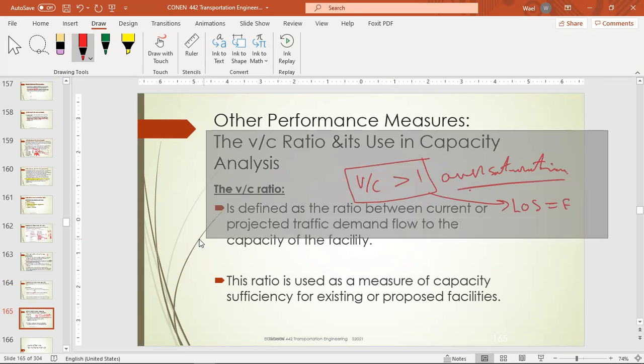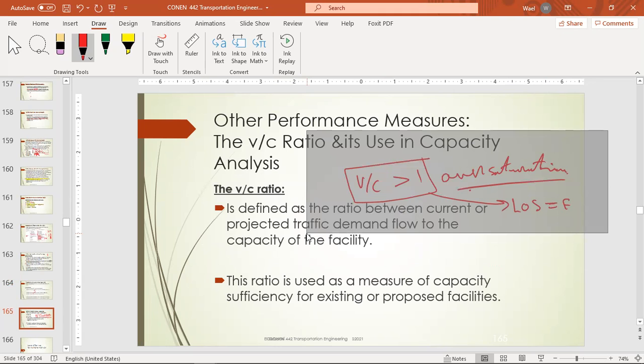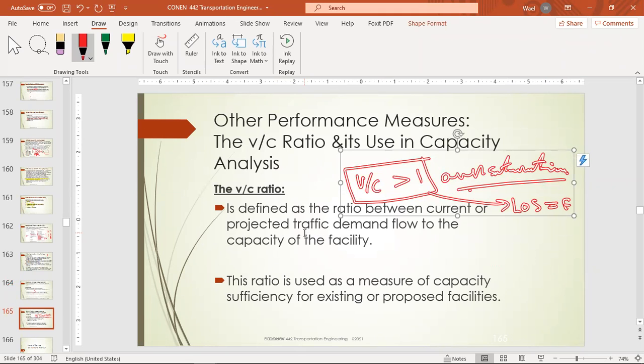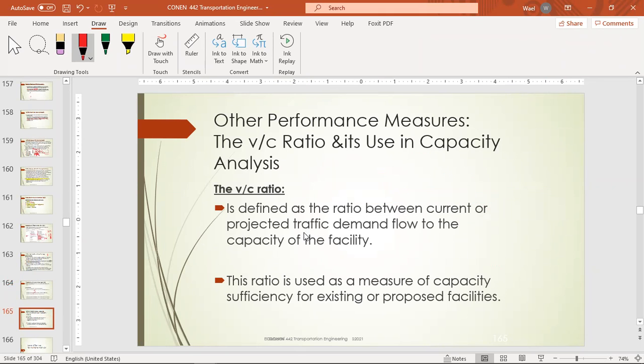That's why we came up with what we call volume to capacity ratio. So we don't rely only on level of service. We have to calculate the volume to capacity ratio, because volume to capacity ratio is a parallel measure.